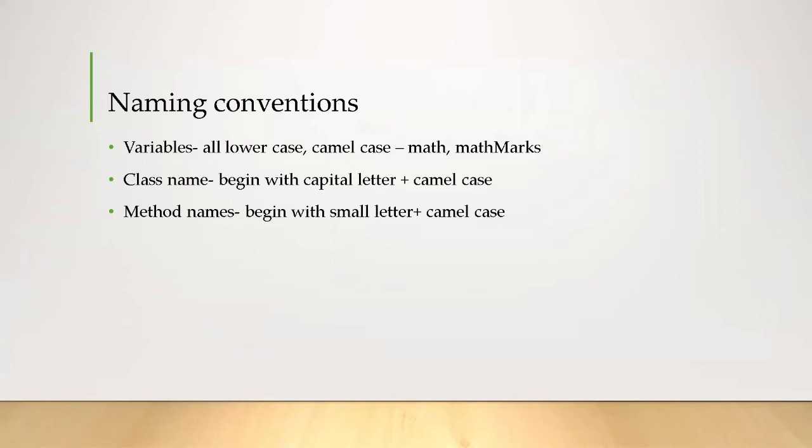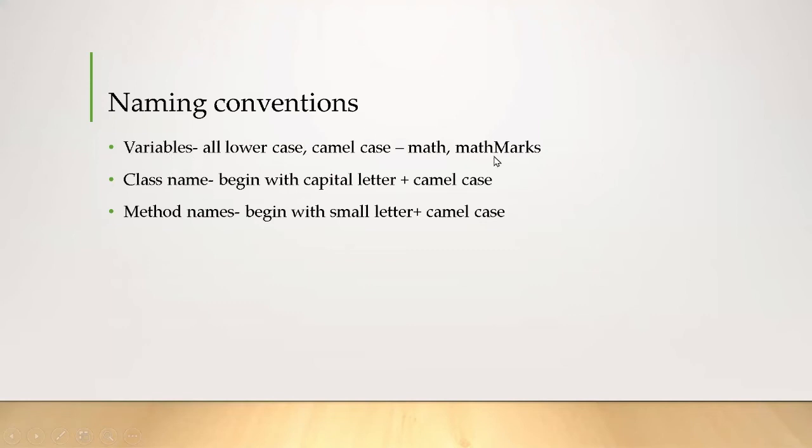If you have multiple words, we have to use a capital letter at the beginning of every word that is next to each other. So for example, math is a variable name which holds the marks of the math. And if you have two words, I have begun the second word with a capital letter and call it mathMarks. So this is how you have to follow the names of the variables.